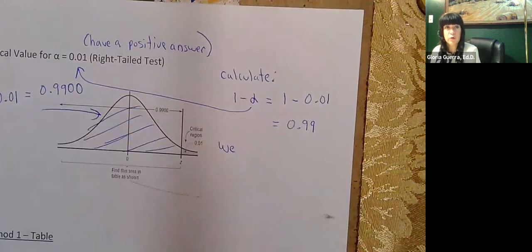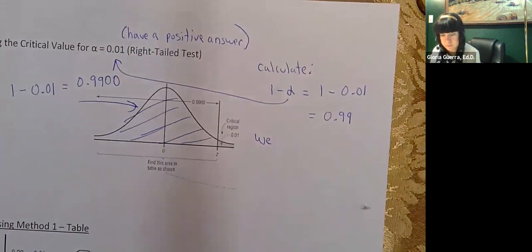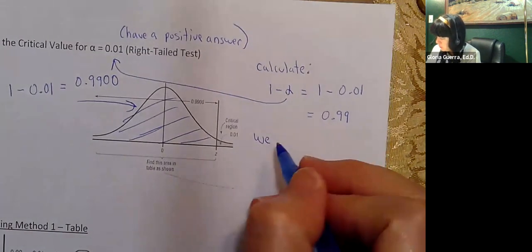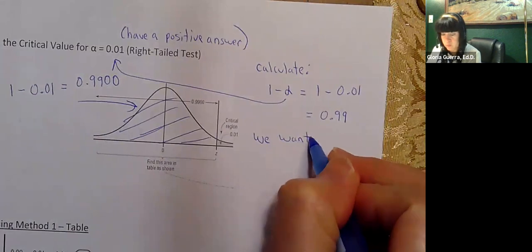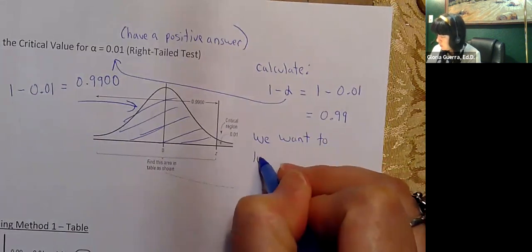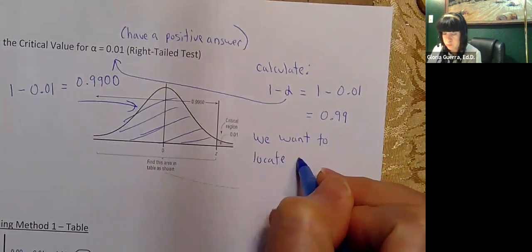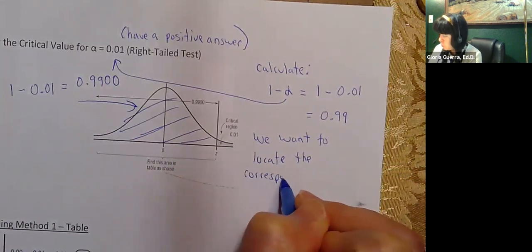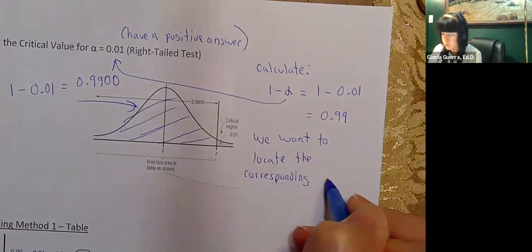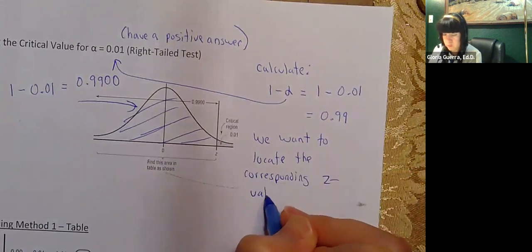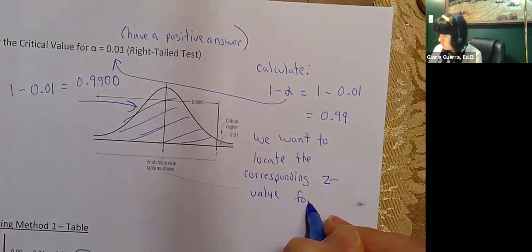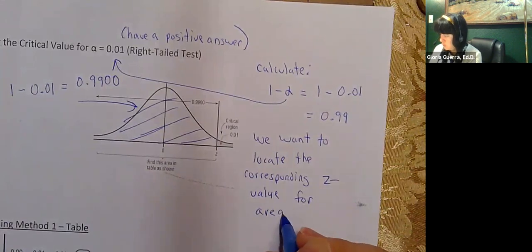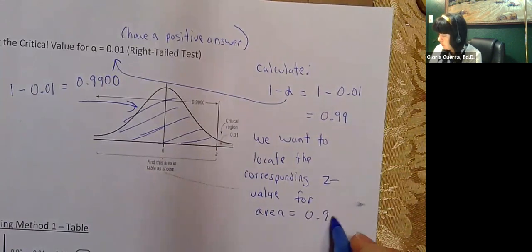Remember, area underneath the curve is 4 decimal places. So we want to locate the corresponding z-value for area equals 0.9900.